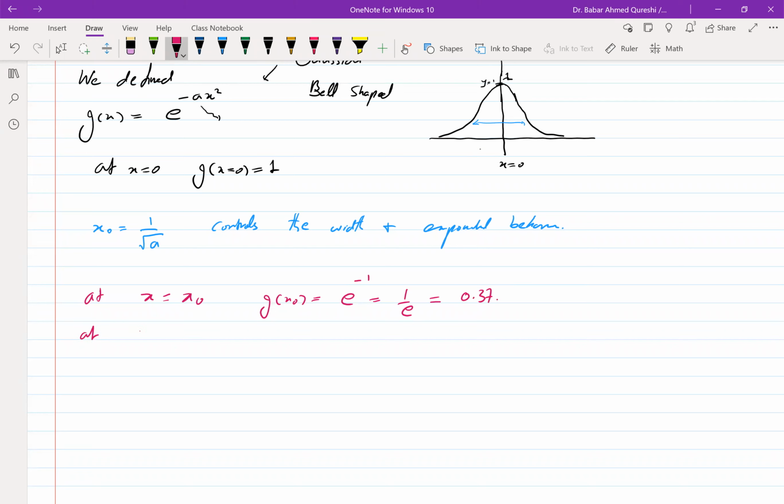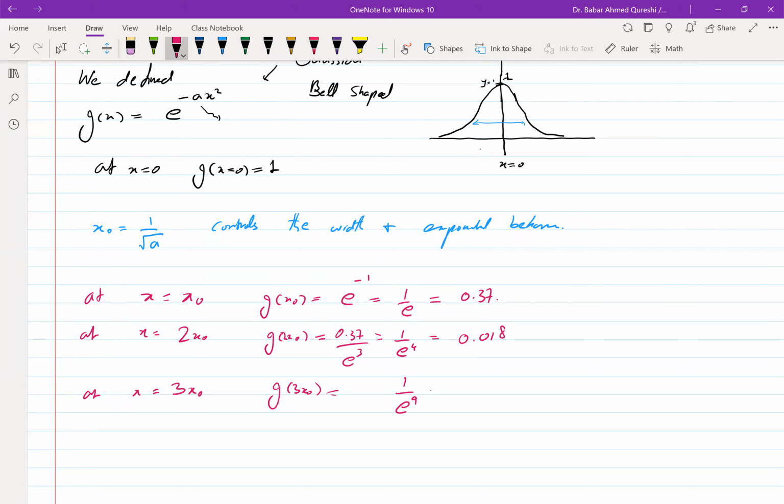But if I just double this distance, then this is 1 over e to the 4, which is only 0.018. Each time I am just increasing this distance, this is 2x naught, 3x naught.